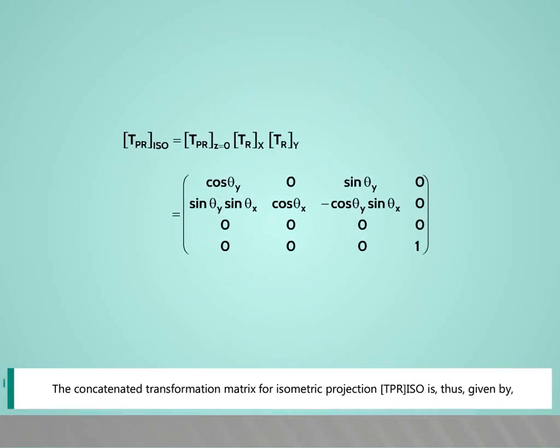T_PR_ISO is thus given by T_PR_ISO = T_PR_Z=0 · T_RX · T_RY, which is the matrix: cos theta y, 0, sin theta y, 0; sin theta y sin theta x, cos theta x, minus cos theta y sin theta x, 0; 0, 0, 0, 0; 0, 0, 0, 1.